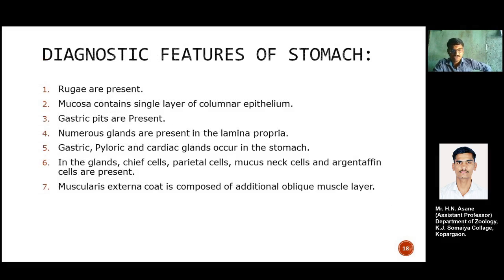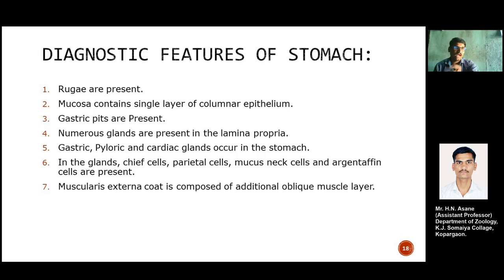Okay, these are the highlighted points from the stomach, the diagnostic features or peculiar characteristics of the stomach. The first point is that rugae are present.